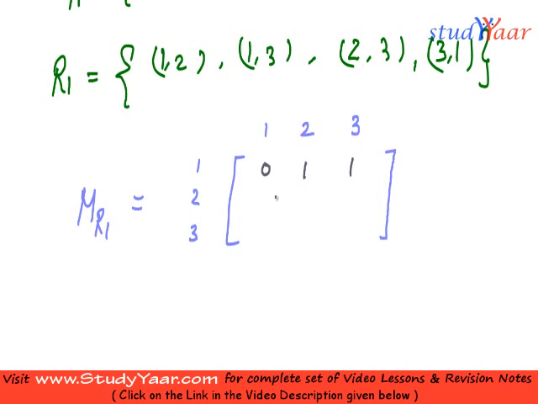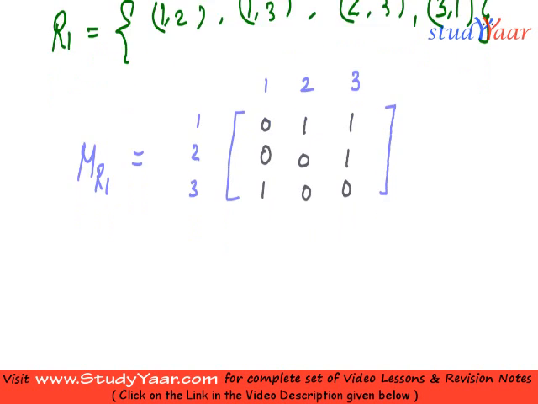Then 2 comma 1, it is not part of R1. 2 comma 2, again not a part of R1. 2 comma 3 is a part of R1, therefore I represent it by a 1. 3 comma 1, we do have 3 comma 1. 3 comma 2, we do not have. And 3 comma 3, we do not have 3 comma 3 as well. So this is my matrix representation of my R1.